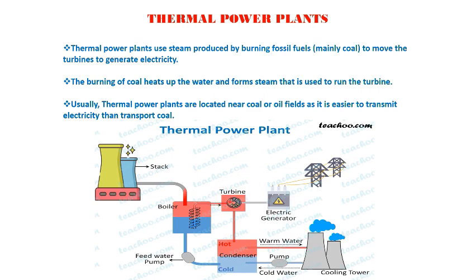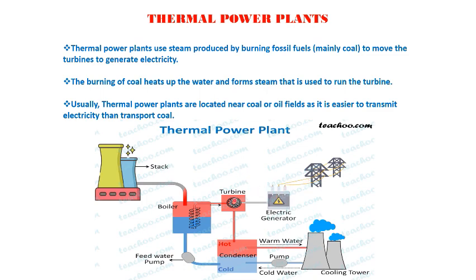As this turbine is connected with a generator, once this turbine rotates, this generator axle is also rotated, and due to this rotation of the turbine as well as this axle, it produces electricity.